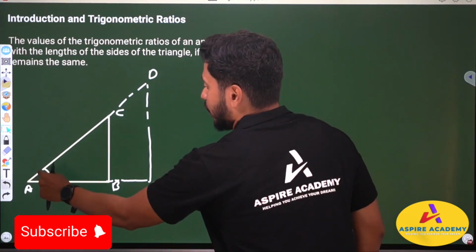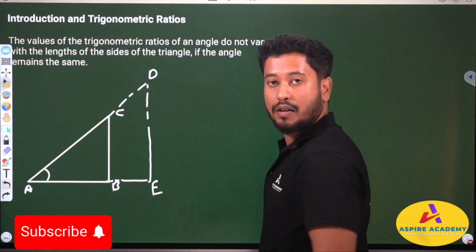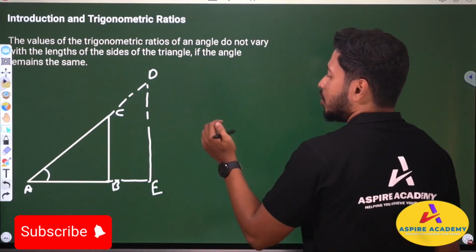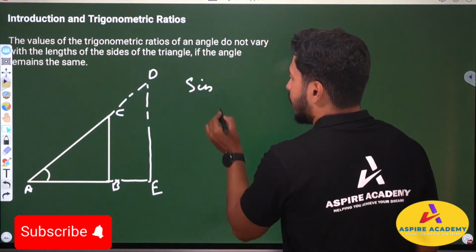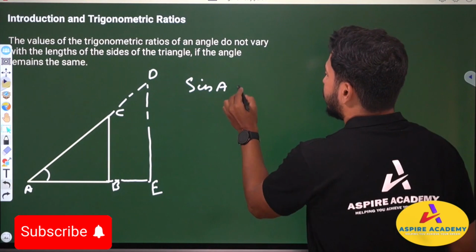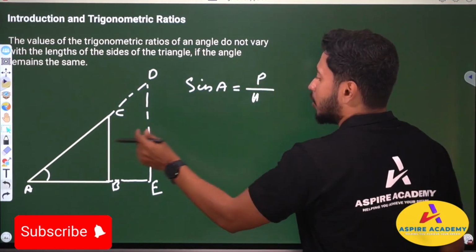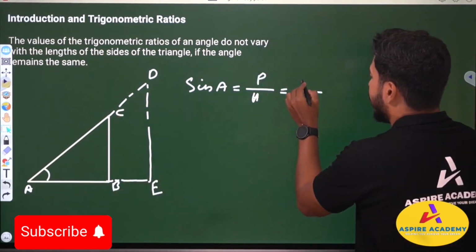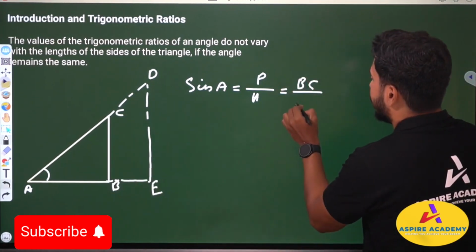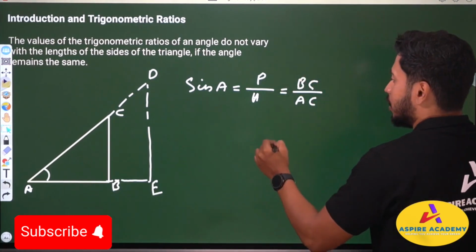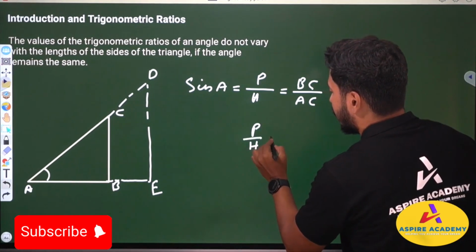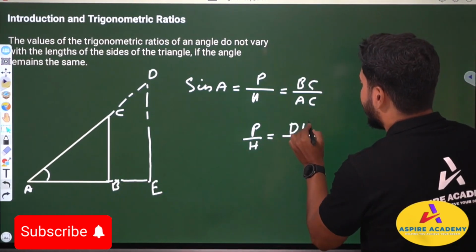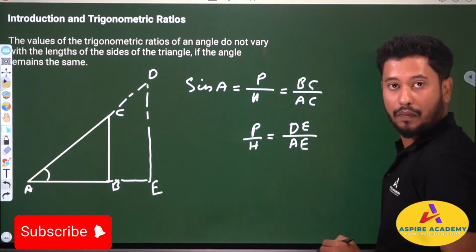That means if we increase all the sides of the triangle but this angle is constant, then all the trigonometric ratios stay the same. Sine A means P by H. For the first triangle ABC, sine A will be BC by AC, and for the second triangle, P by H will be DE by AD.